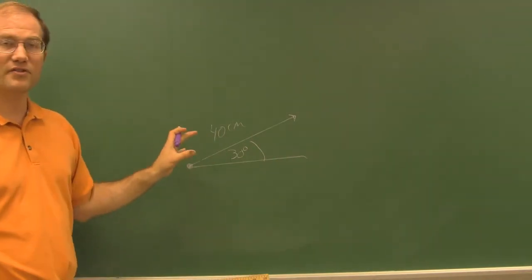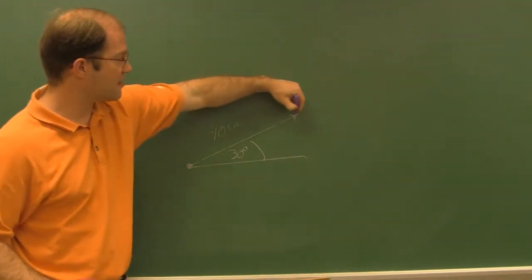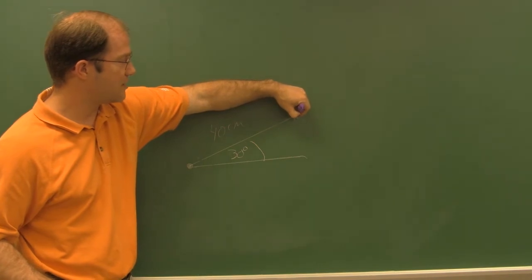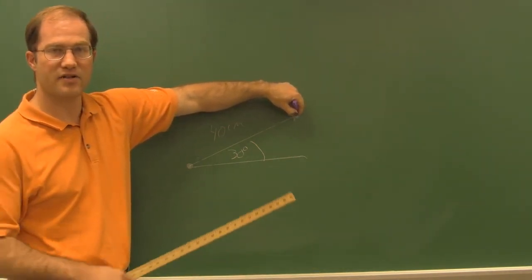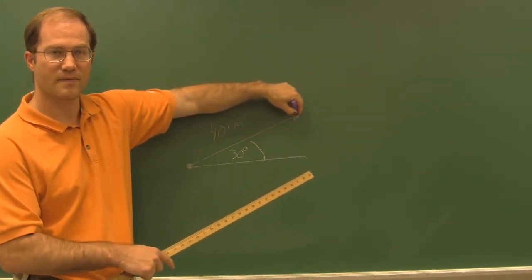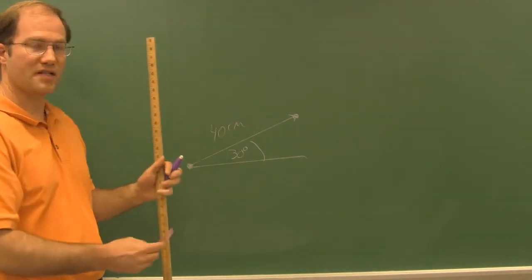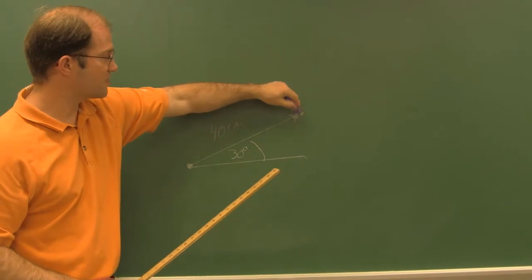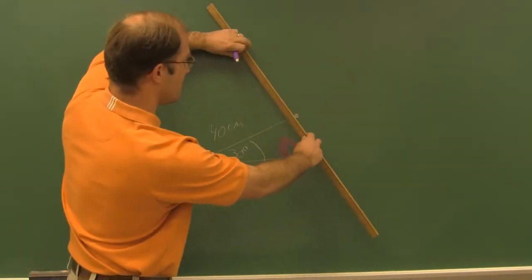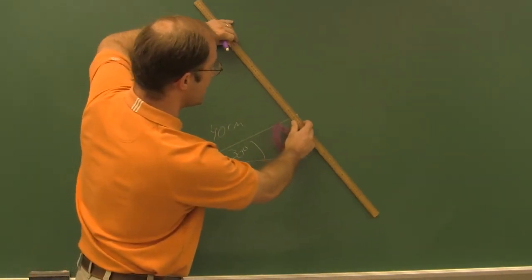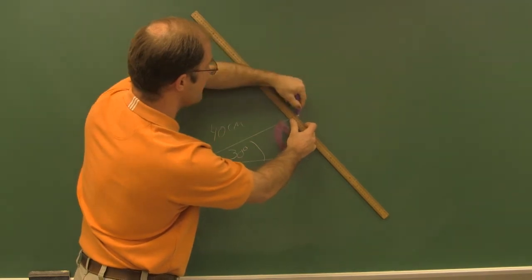Now if I want to add a vector to that, I want to start at the end of it. You always start the next vector at the end of the first one when you're summing these up in a pictorial sense. So this vector starts here. Let's make it 30 centimeters in magnitude.